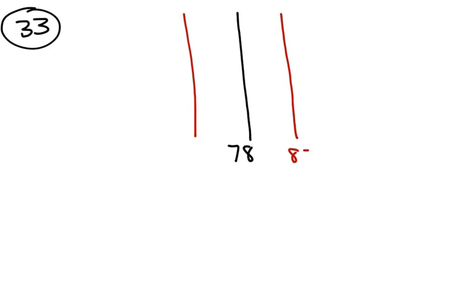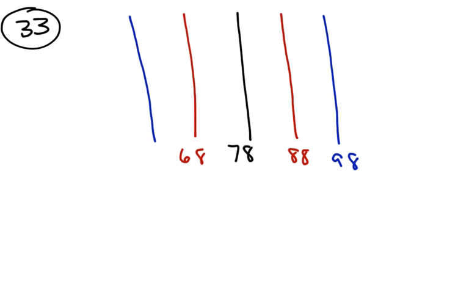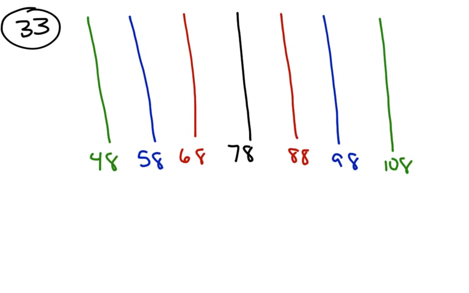Number 33, scores on an exam are distributed normally with a mean of 78 and a standard deviation of 10. All right, so one standard deviation is going to be 88 and 68. Two standard deviations is going to be 98 and 58. 3 standard deviations are going to be 108, which is probably not a score somebody's going to get, and 48.